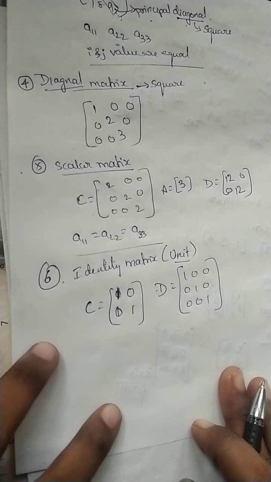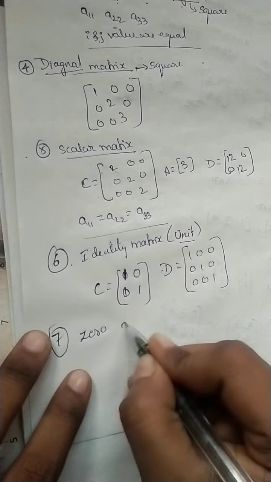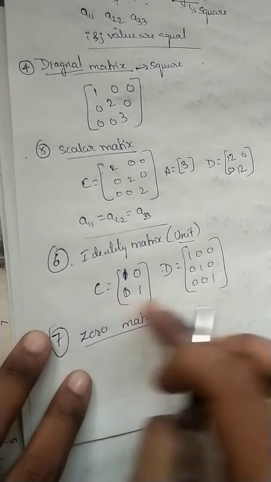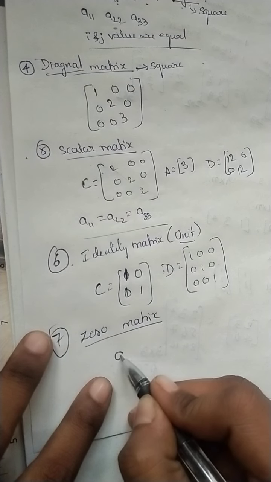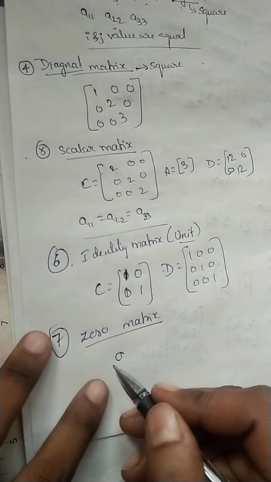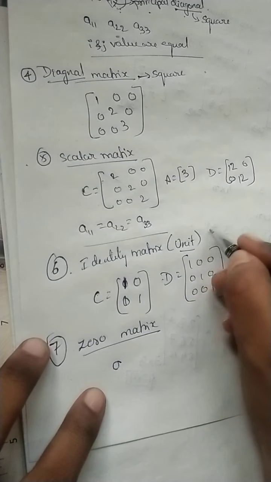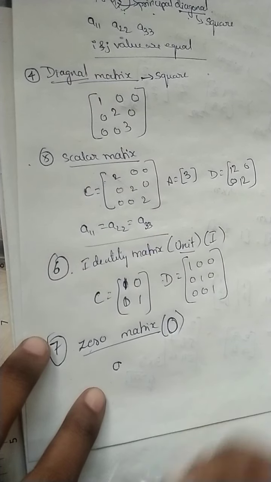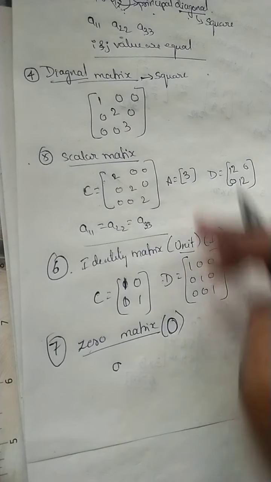Now comes the zero matrix, the seventh one. A zero matrix is a matrix in which all the elements present are 0, so A of ij equals 0. The identity matrix is represented by capital I, whereas the zero matrix is represented by capital O. There are no other notations.